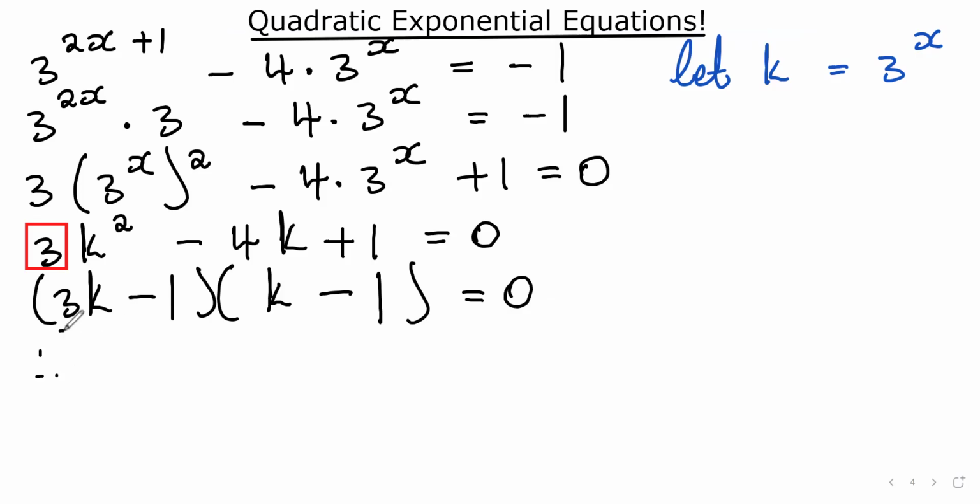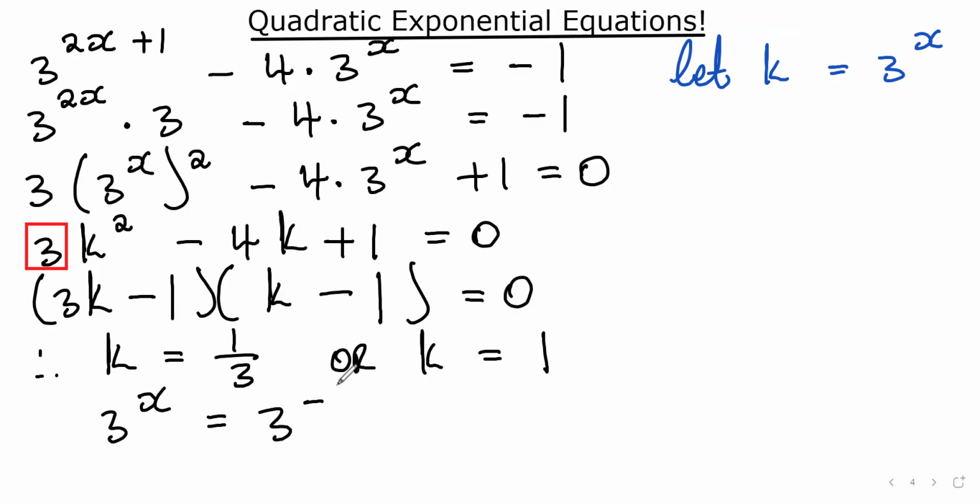Well then, it means 3k minus 1 equals 0, which means that k is a third, or k is actually 1. Then we remember what is k. K is 3 to the x. And a third, 1 over 3, is the same as 3 to the -1, which means that x will be -1 or x will be 0.